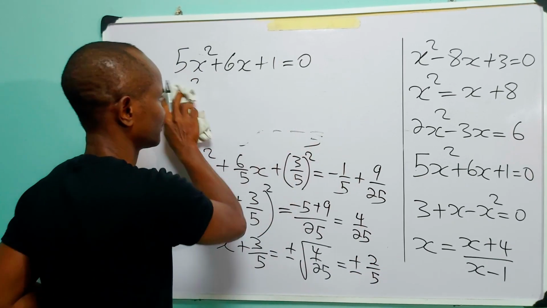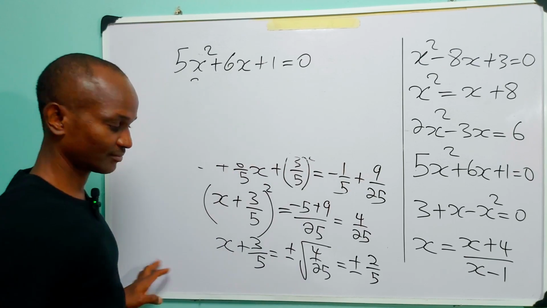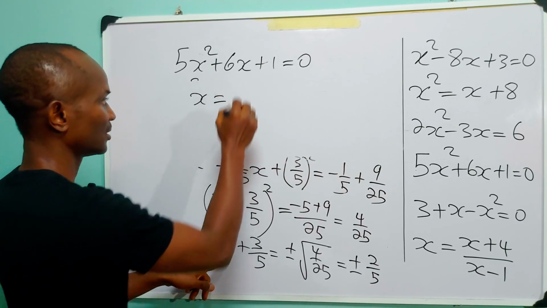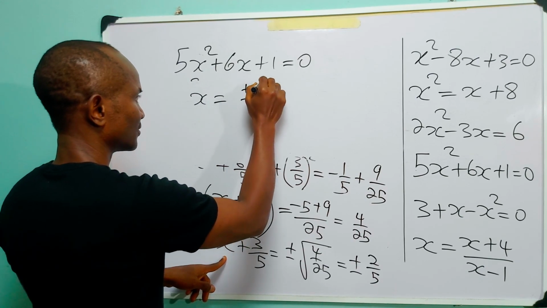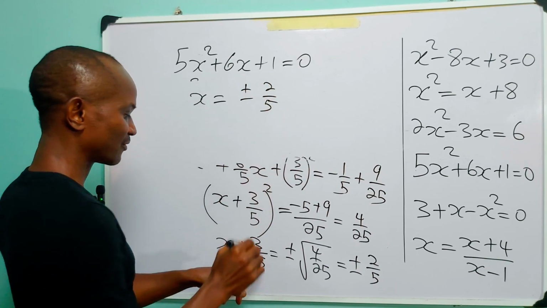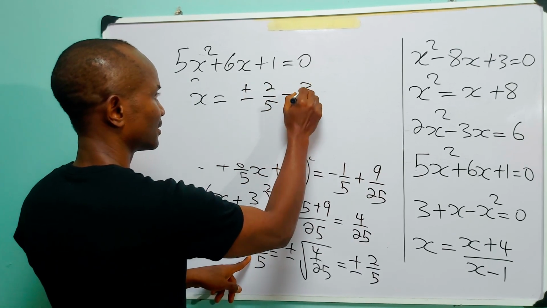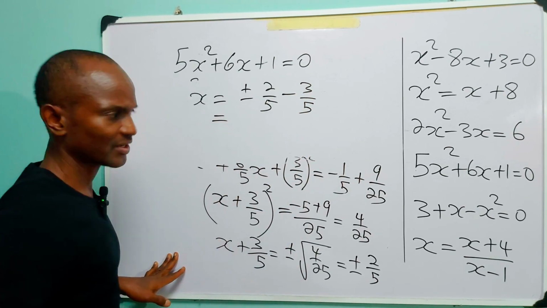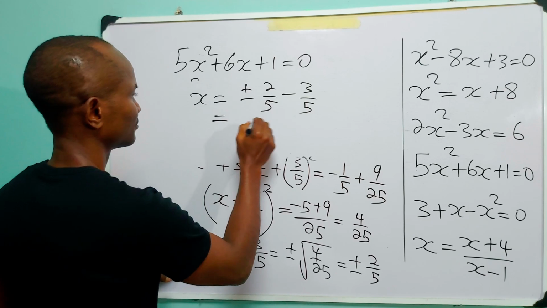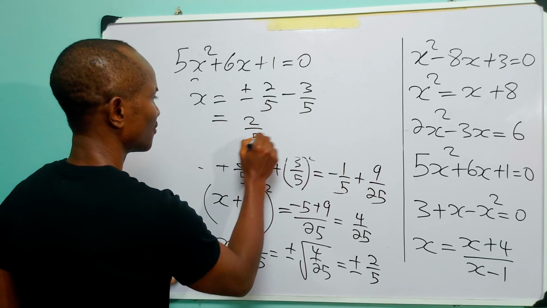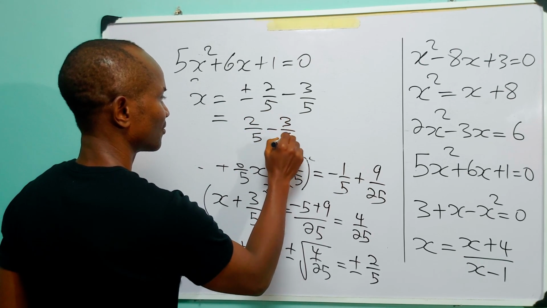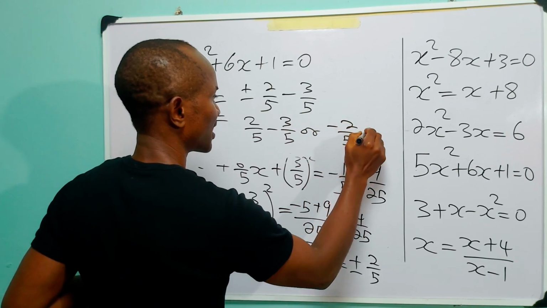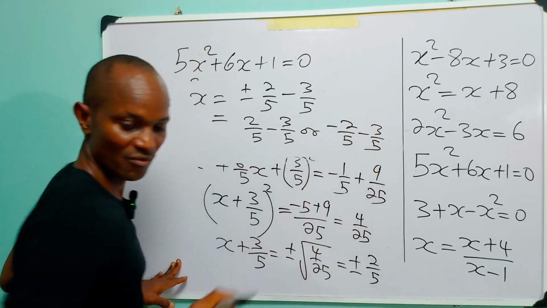So we have that x is equal to plus or minus 2 over 5 minus 3 over 5. So x is equal to 2 over 5 minus 3 over 5, or minus 2 over 5 minus 3 over 5.